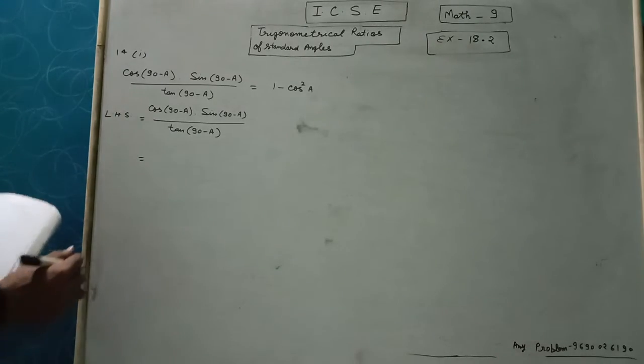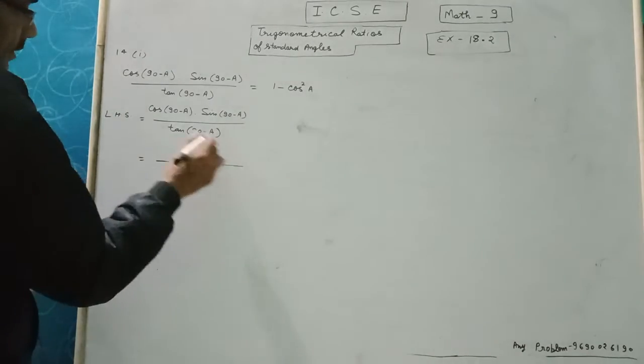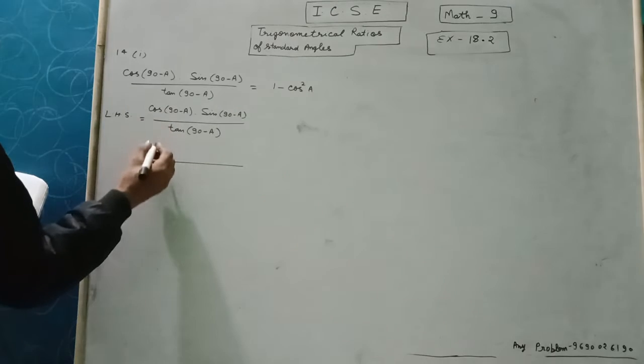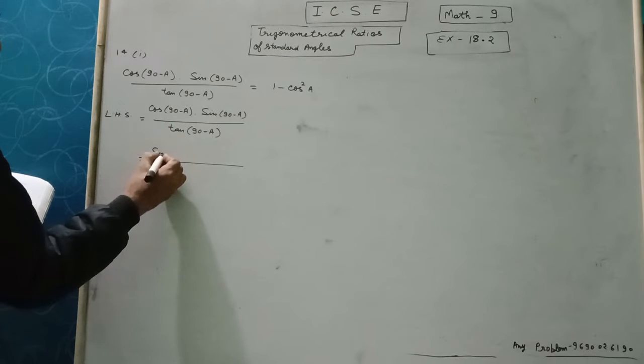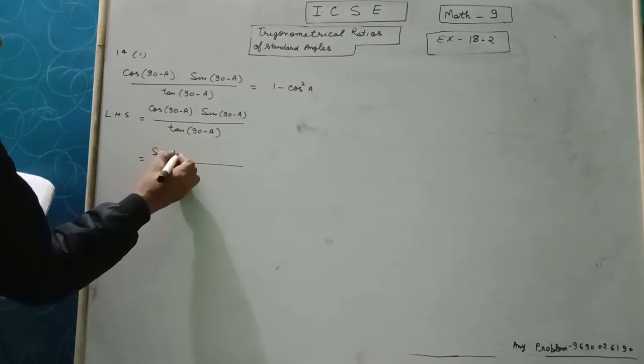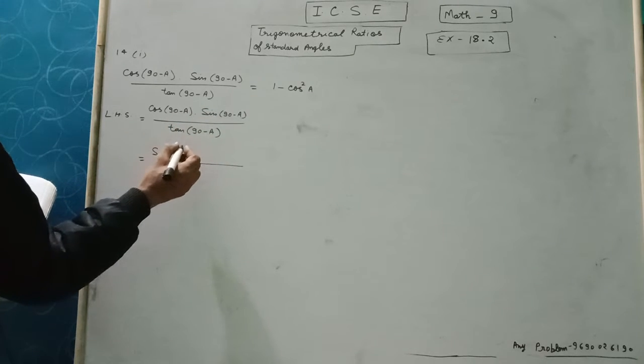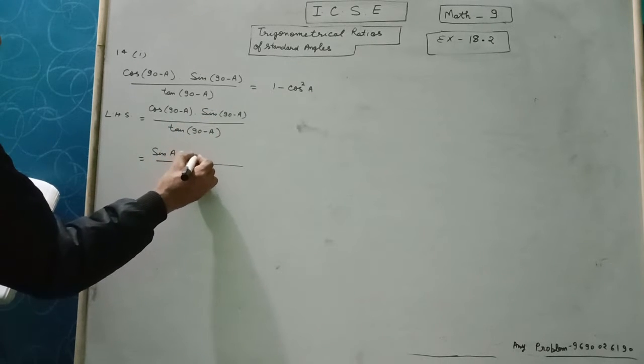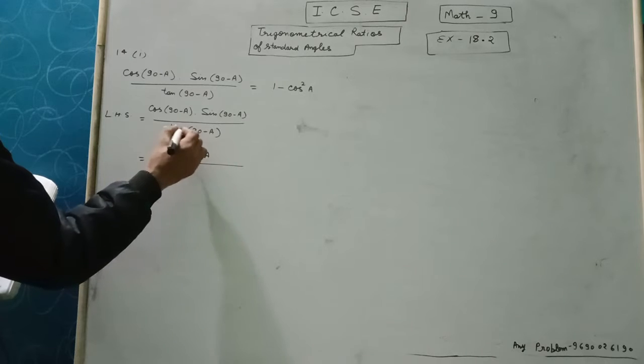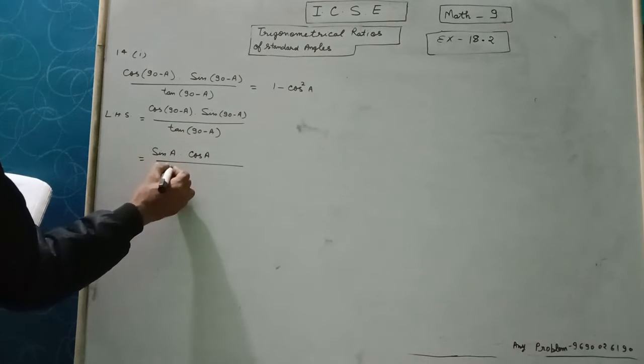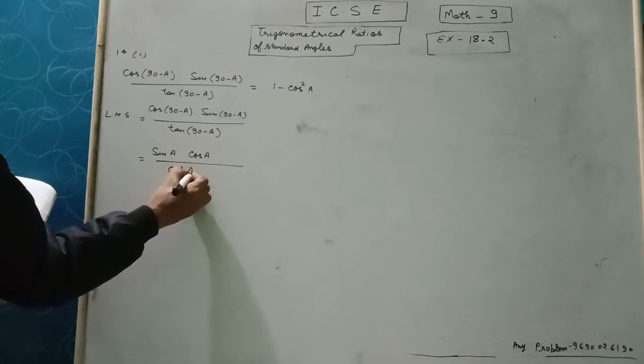By the formula, cos(90 minus a) changes into sin a, into sin(90 minus a) changes into cos a, and tan changes into cot a.